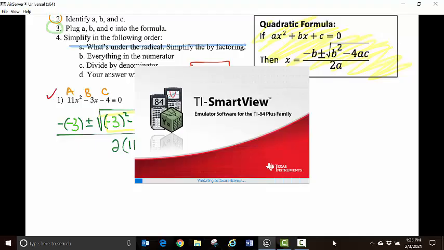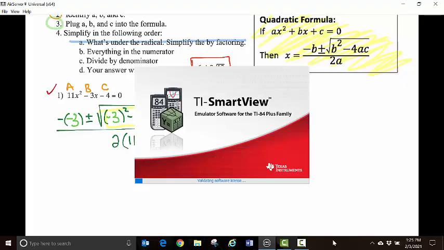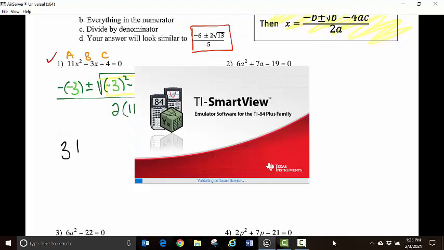So you would have 3, because a negative and a negative makes a positive. 3 plus or minus the square root of whatever comes out of your calculator, divided by 2 times 11, which is 22.